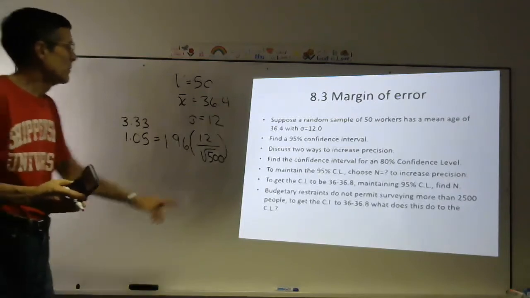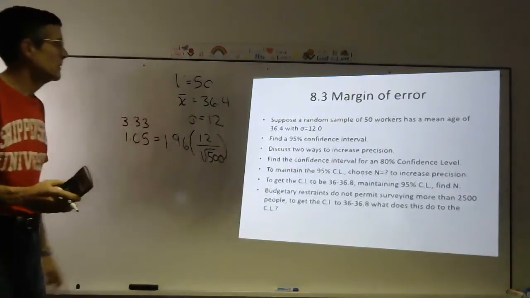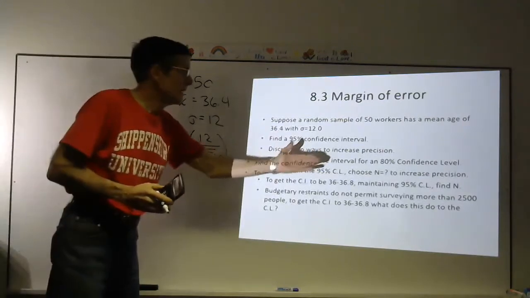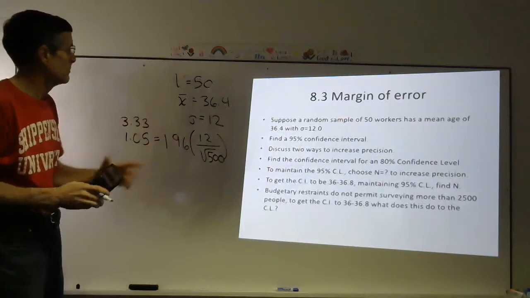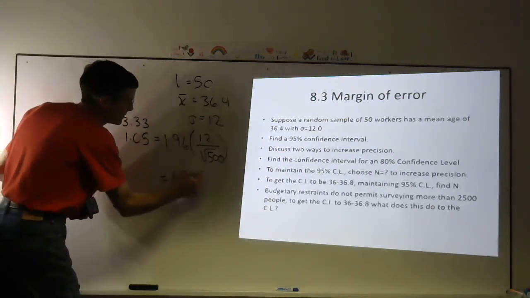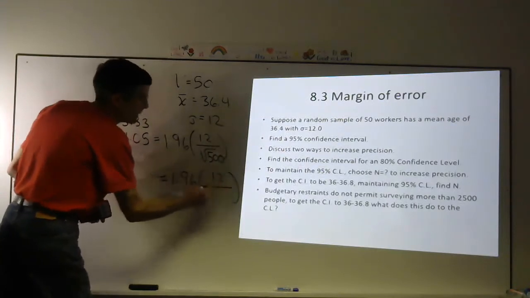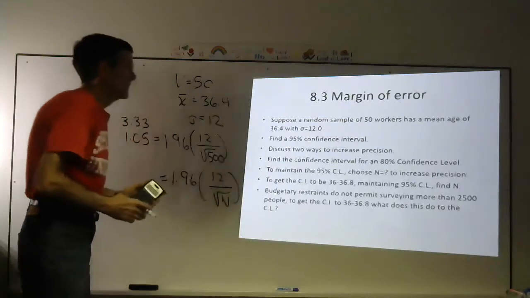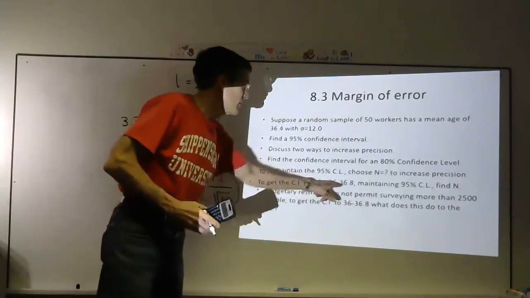Okay? Suppose we want to get the confidence interval to be 36 to 36.8. We want to maintain 95% confidence level. Well, then maintaining 95% confidence, we still want 1.96 over 12. We're trying to find n, root n, but we want the confidence interval to be that.